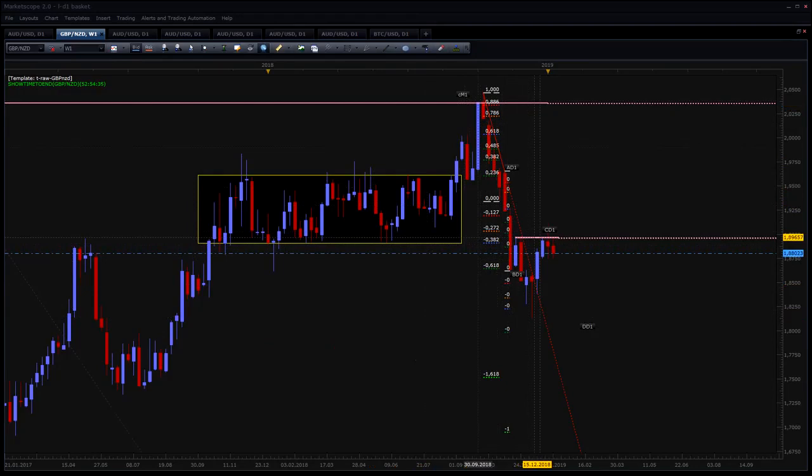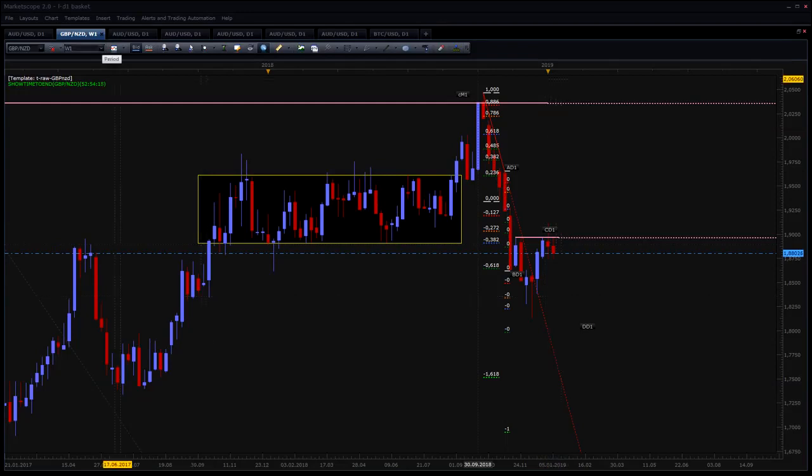And now the past support level is becoming a future resistance level. So this is more than likely going to drop further down at this point.